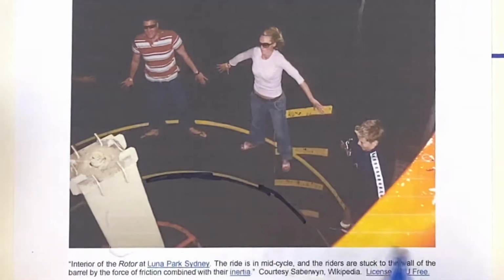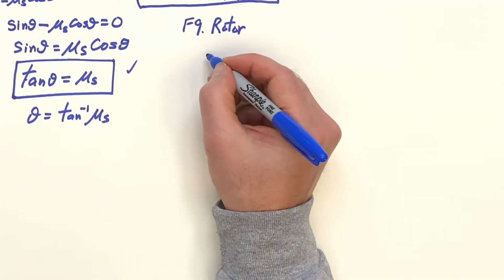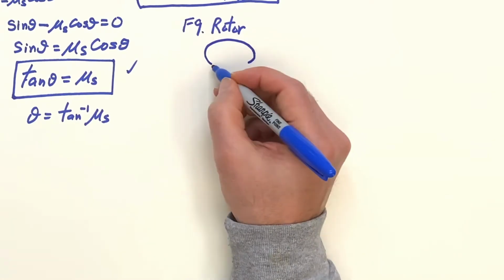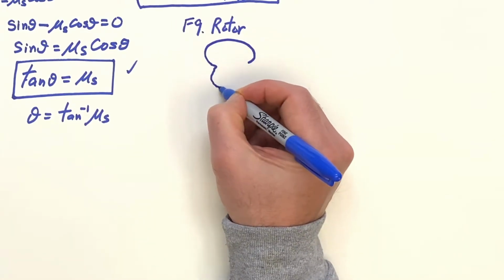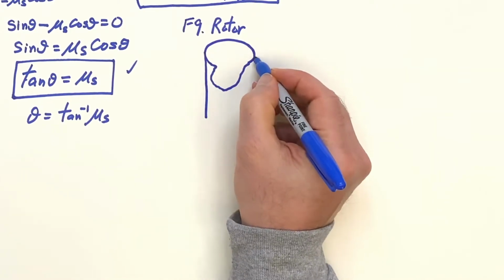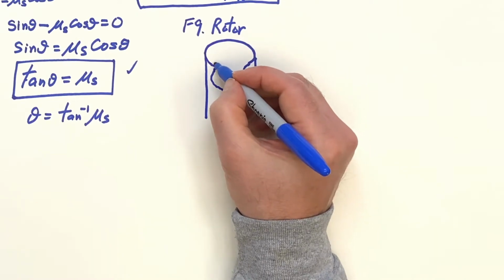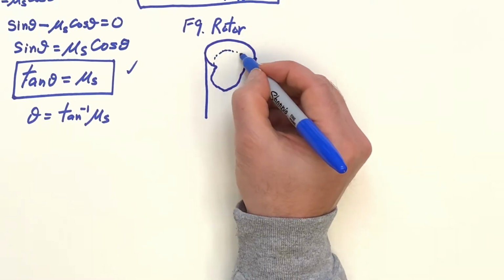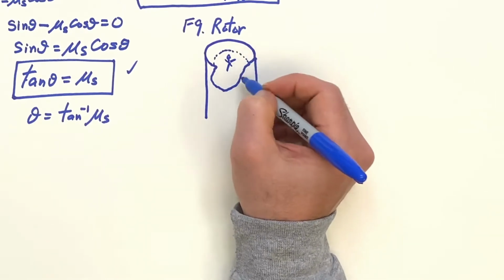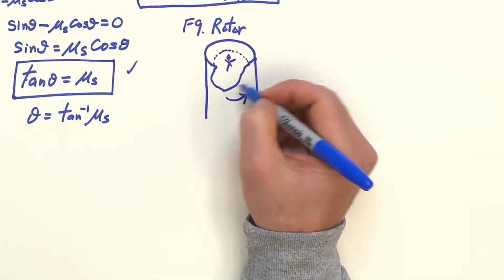So I like to do the rotor problem. So for the rotor problem, let's do a little sketch here. So this is a cutaway. So there's a person, this is going around and around like this.